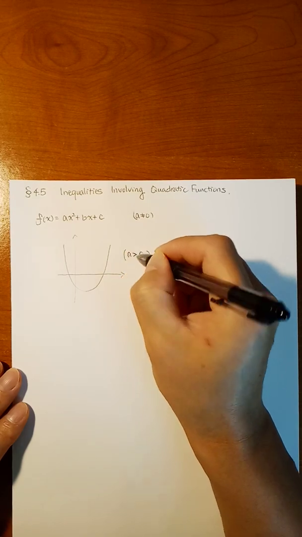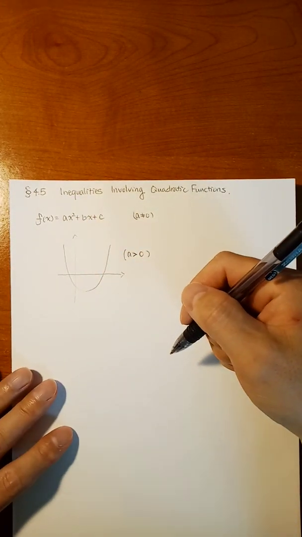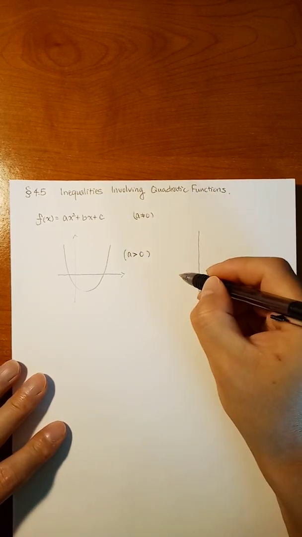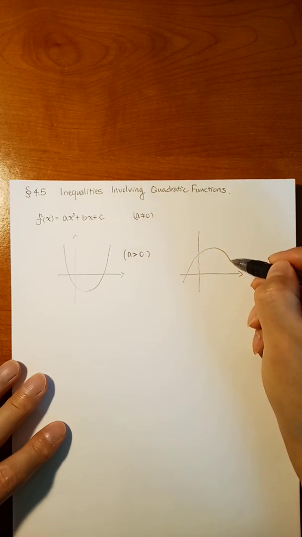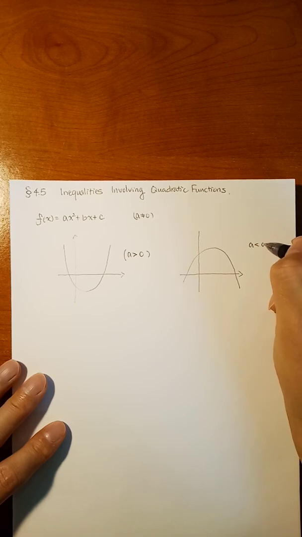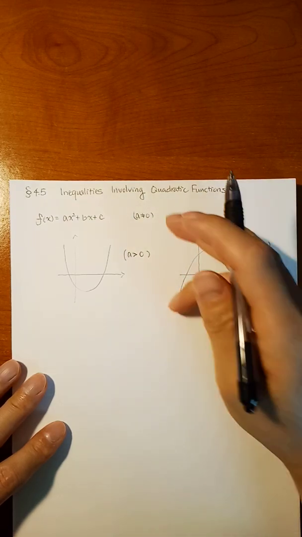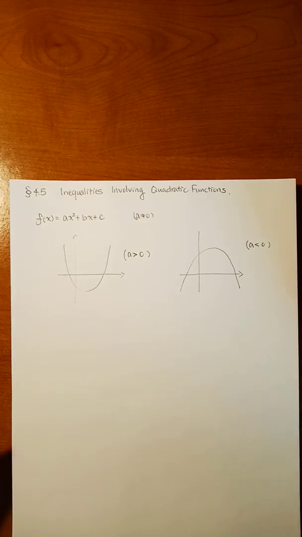When the leading coefficient is positive, it is opening up. If the sign of the leading coefficient is negative, then the graph will be opening down.